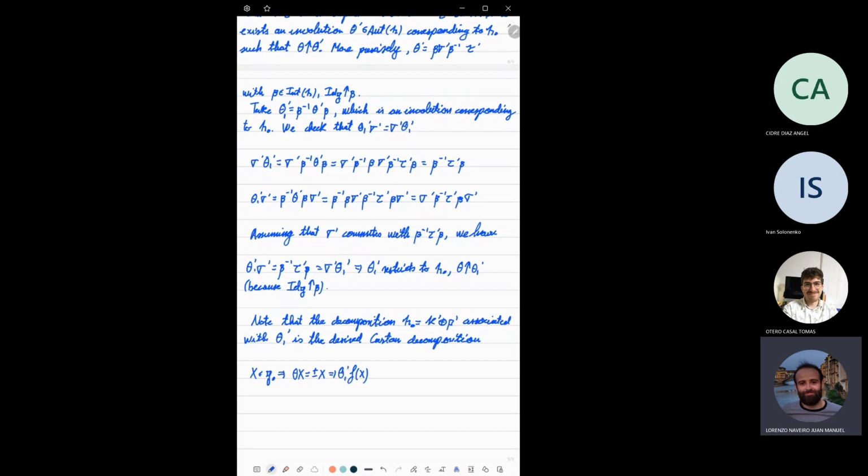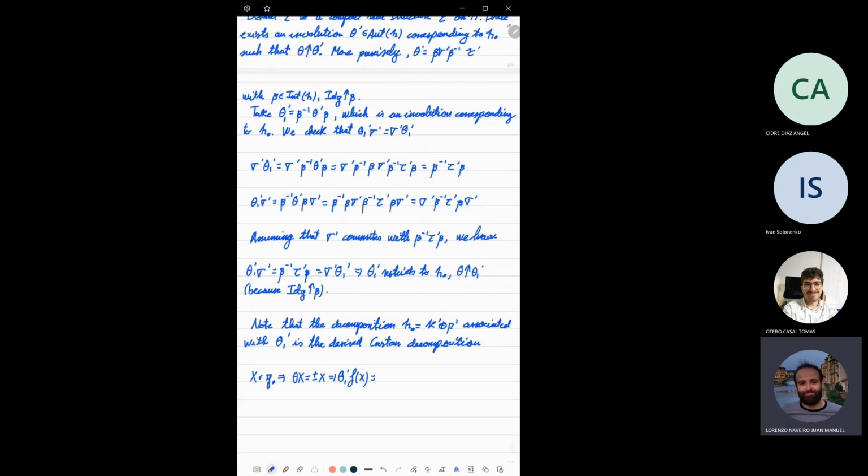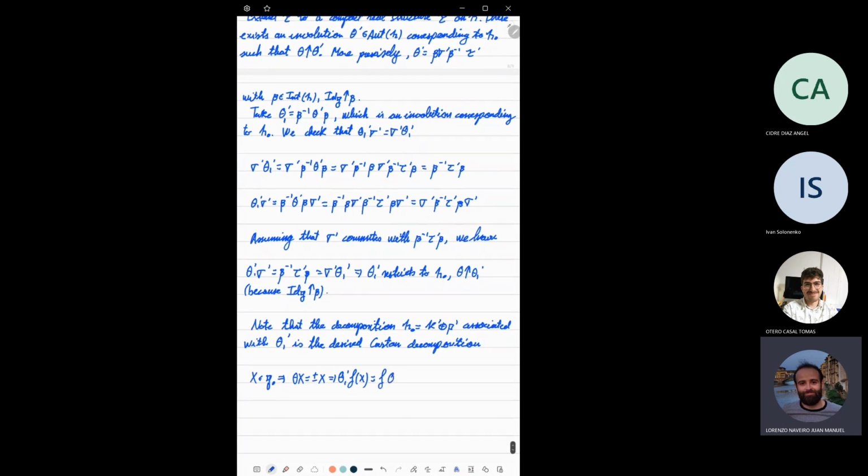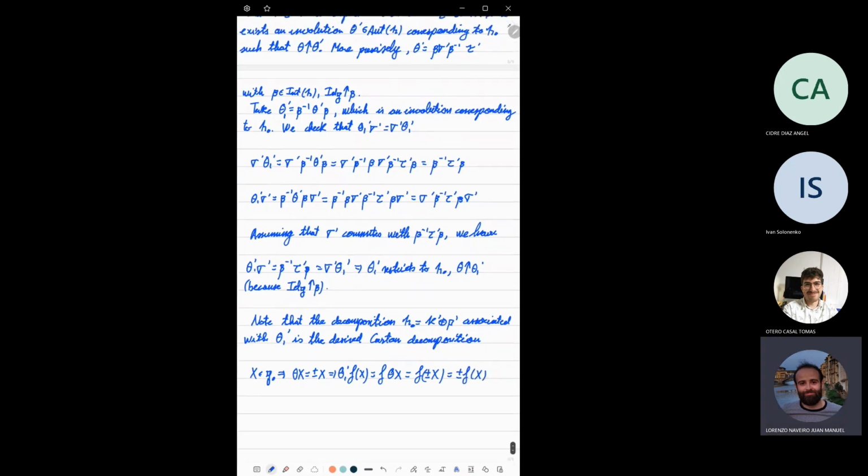But simply evaluate theta 1 prime f. Since theta 1 prime f extends theta, this means that this expression is also equal to f of theta x. And theta x is plus minus x. So in the end, this gives us plus minus f of x. Okay. So this means that f carries K to K prime and P to P prime. So we're done.